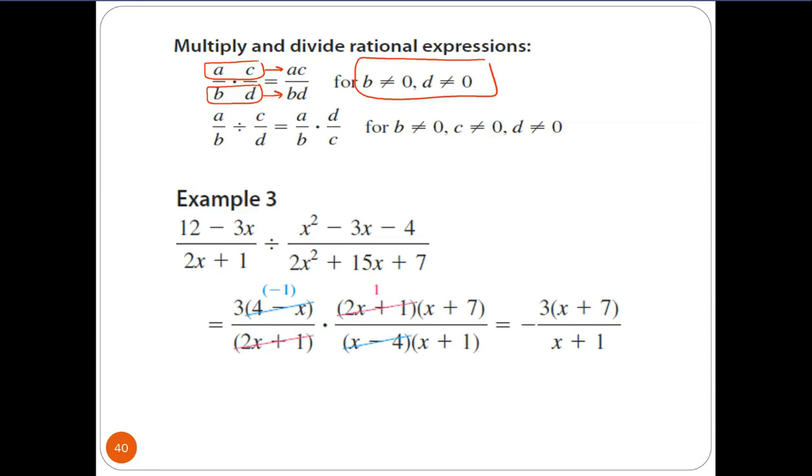In division, the first fraction is put as it is, a over b, but the division converts to multiplication, and the second, c over d, is put as d over c. So we need to swap between numerators and denominators.